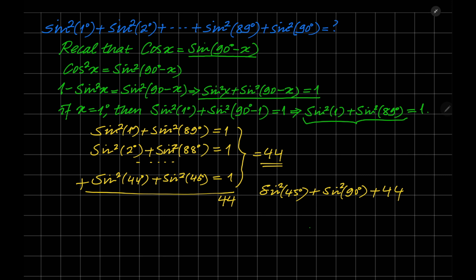Sine 45 degree is 1 over square root of 2, squared, plus sine 90 degree is 1, squared, plus 44. This is 1 over 2 plus 1 plus 44, which is equal to 45.5. That's the answer.